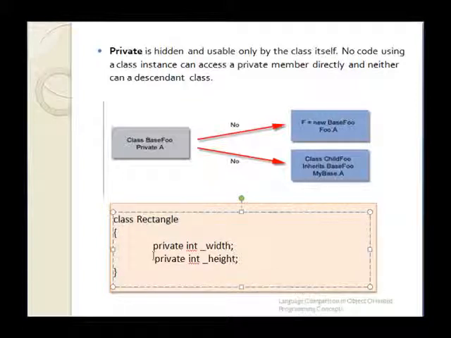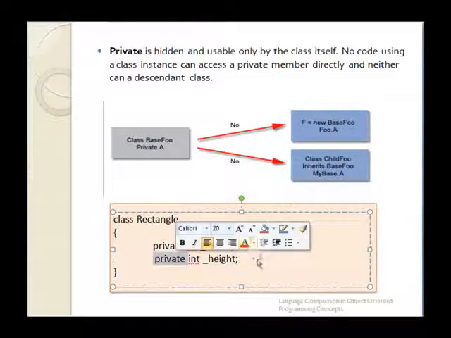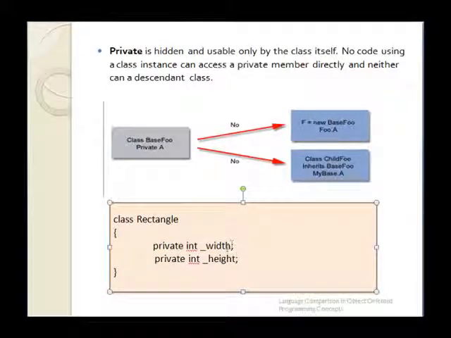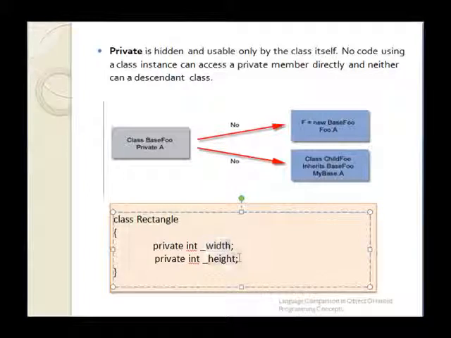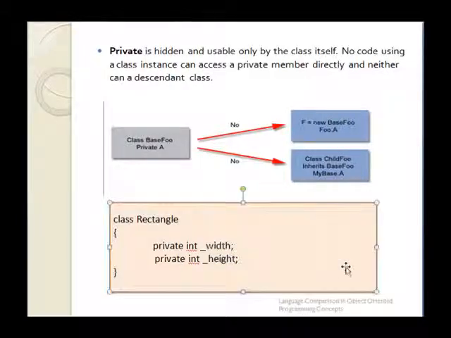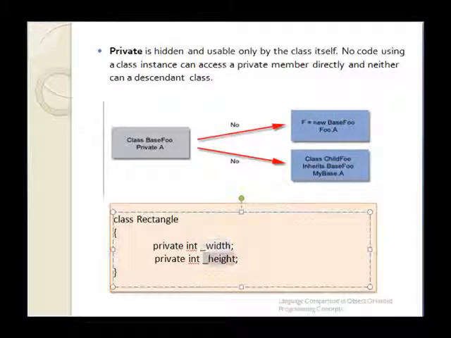Inside the class we declare private int width, and height is also private. So we can't access this width and height in a different class or different methods. Inside this body only we can use these two data.